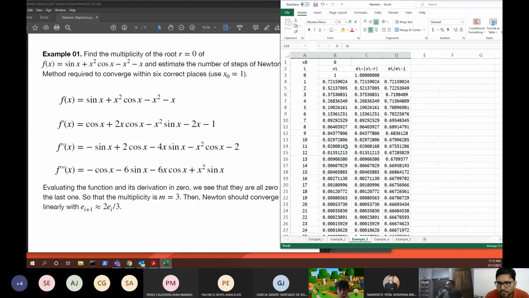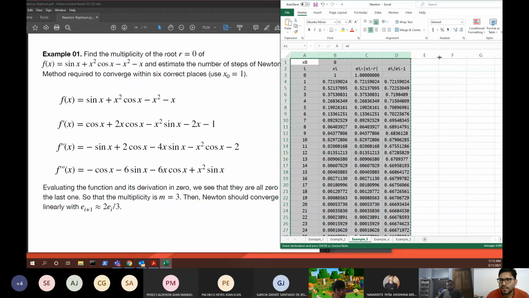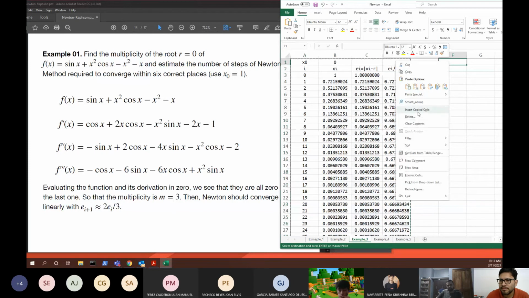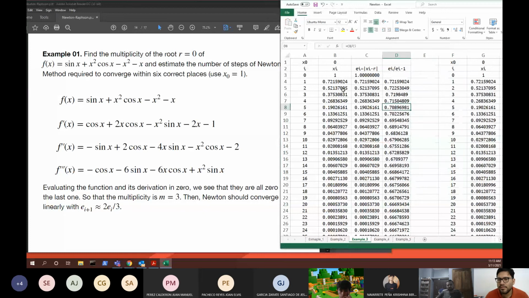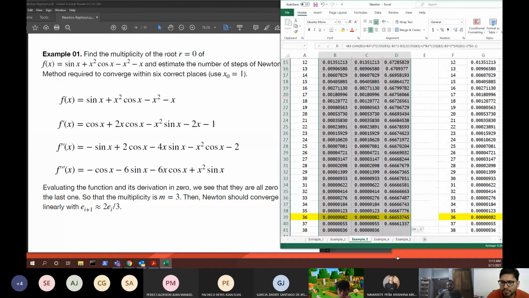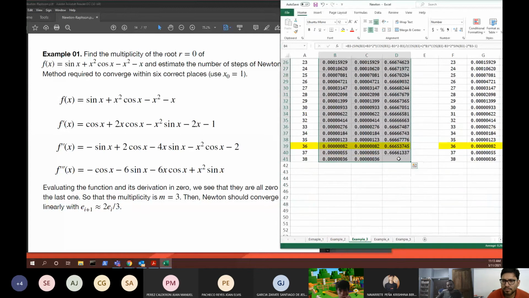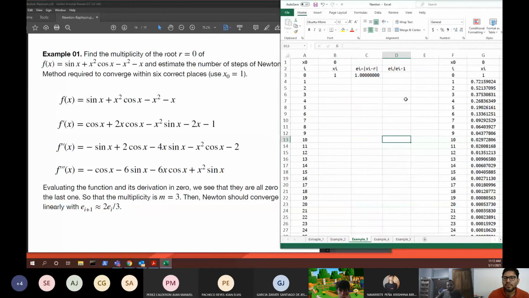For the sake of my sanity, I'm just going to paste it here and delete all these. The exercise says to use 1 as the guess, so I'm using 1.